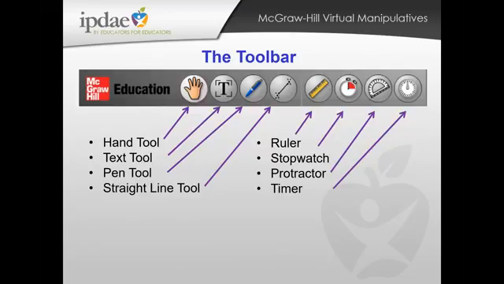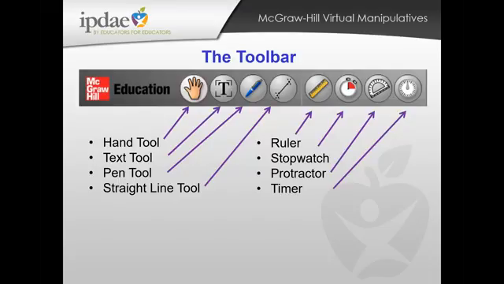So we have the hand tool, and we have the text tool for you to type text. The hand tool is also used to grab different objects from the screen and put them in different places or relocate them.